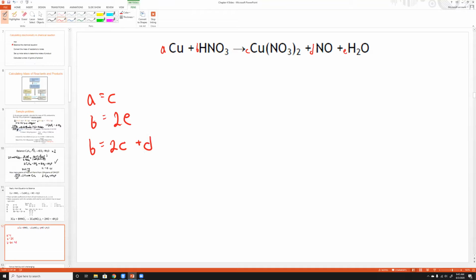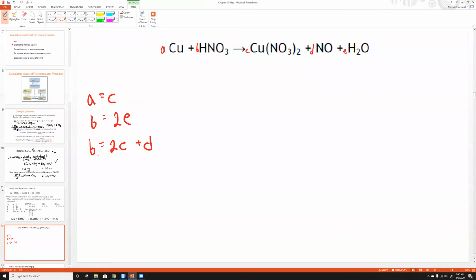Because you need this nitrogen plus these nitrogens to equal these nitrogens. Does that make sense? Hopefully it does.